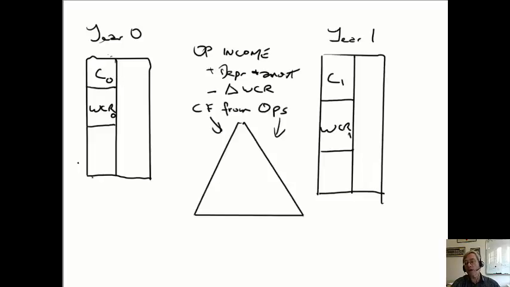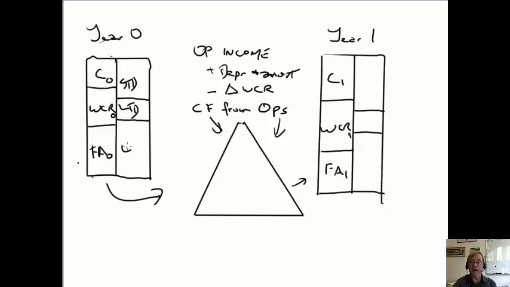Cash flow from operations is part of the overall change in cash, but other items change the cash balance as well. Among them are the changes in the fixed assets and the changes in financing. We have, you'll remember, 3 kinds of financing: short-term debt, long-term debt, equity.